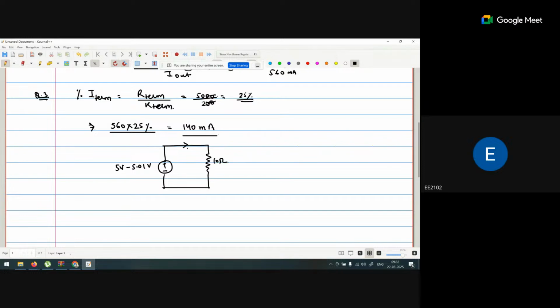So what is the current? 5 divided by 10 or 5.01 divided by 10, so it is 0.5 to 0.501 amp, from 500 to 501 milliamps.